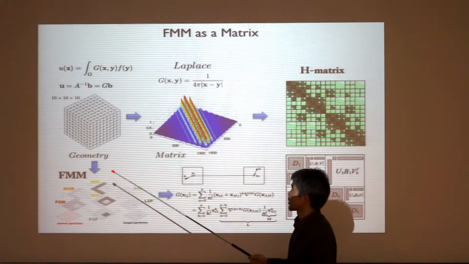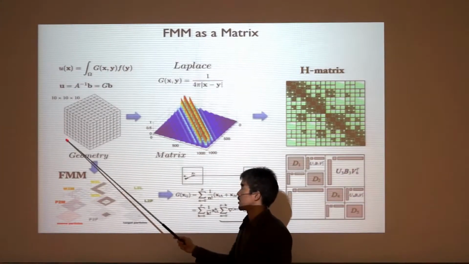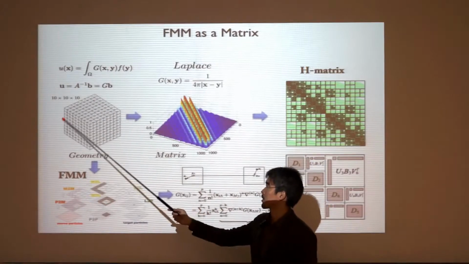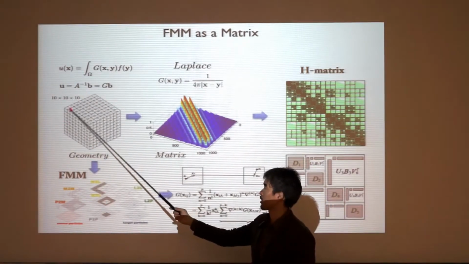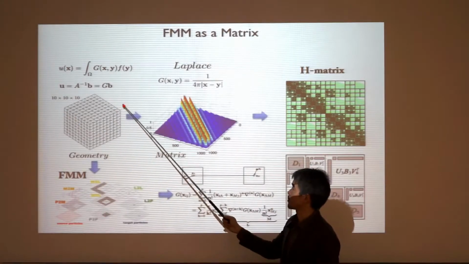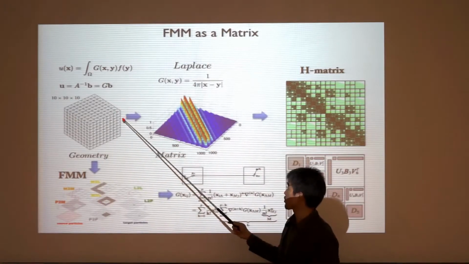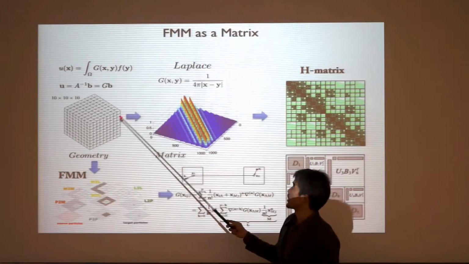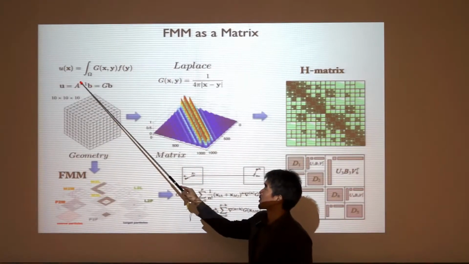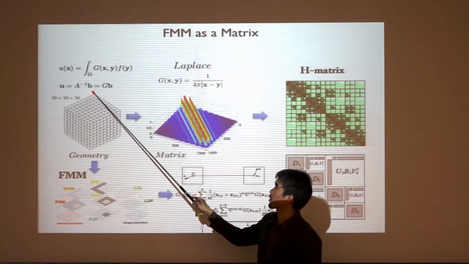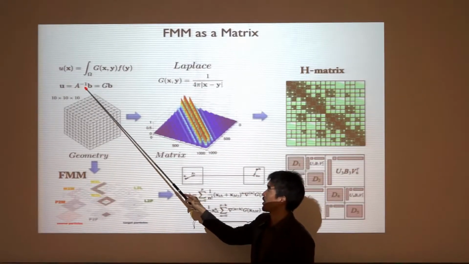So say that you have a geometry of a 10 by 10 by 10 mesh, like you have a finite difference method. And then what the fast multipole method is doing is it's actually creating A inverse and doing a matrix vector multiplication against the A inverse.